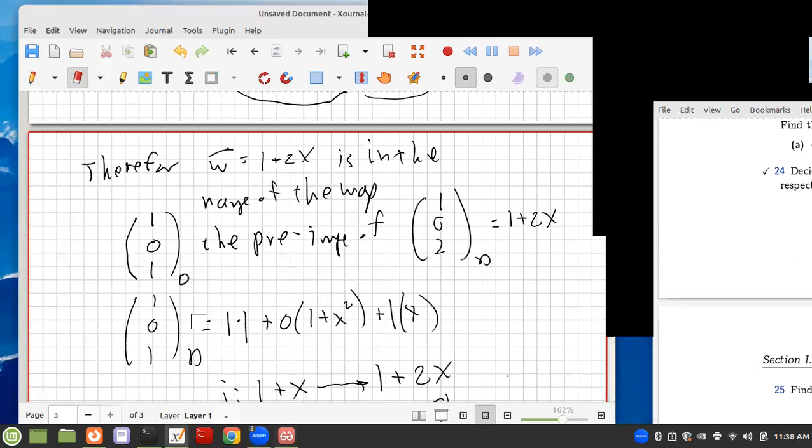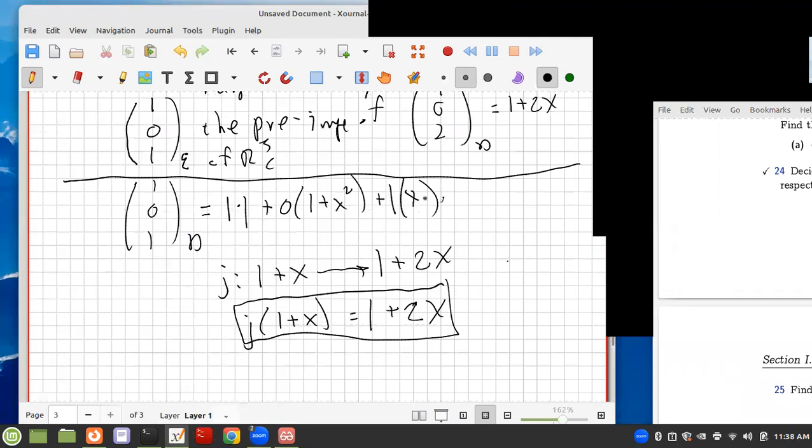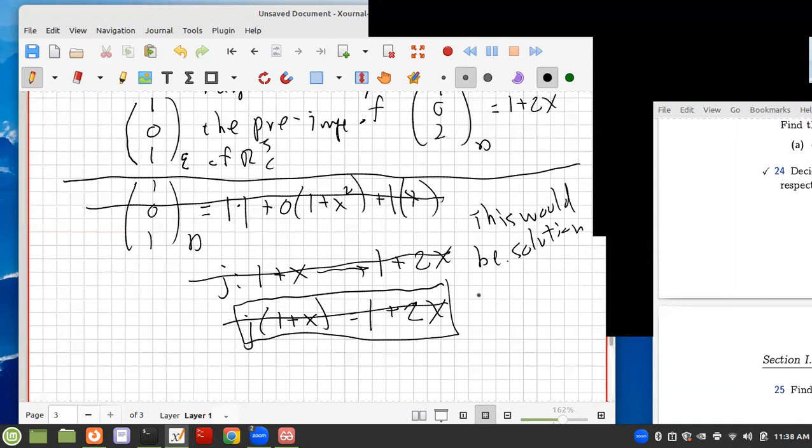I forgot what the problem was. You're actually right, Jonathan. This isn't a standard basis of R3. So this is a different problem. This would be the solution if the map was P2 to P2.